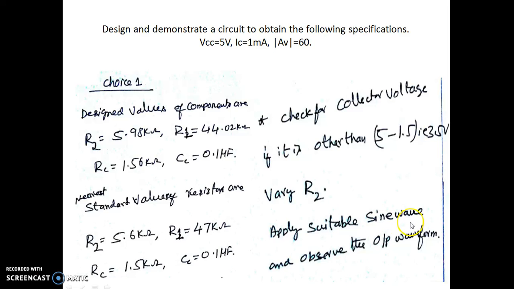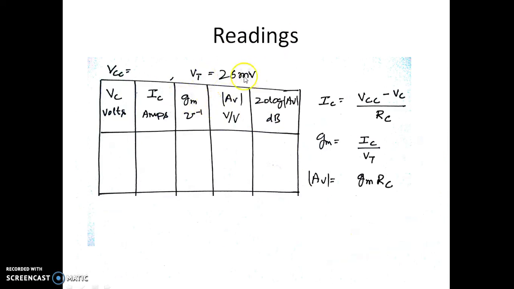So you can keep the frequency somewhere around 30 kilohertz, 50 kilohertz, or 100 kilohertz, and let the amplitude be in terms of hundreds of millivolts, and observe the waveform so that it is undistorted. Once we get that undistorted waveform, we can tabulate the values. So this VC is the collector DC voltage. IC is obtained using this expression.